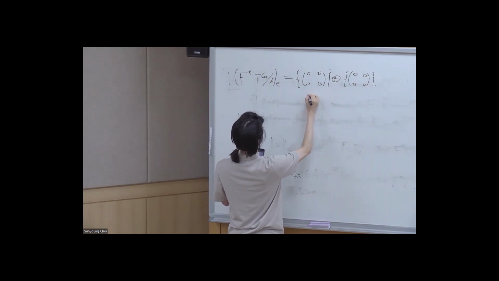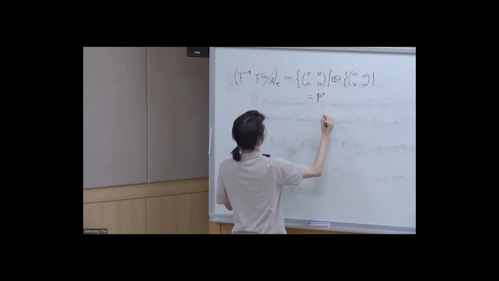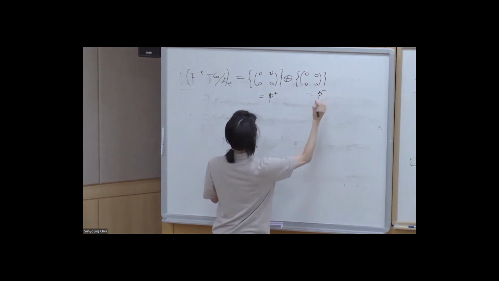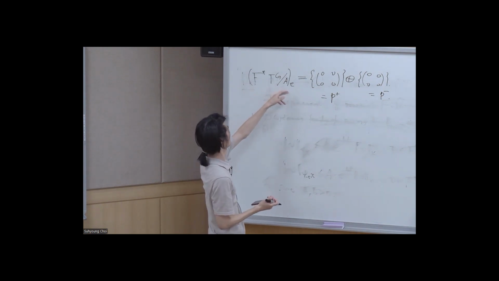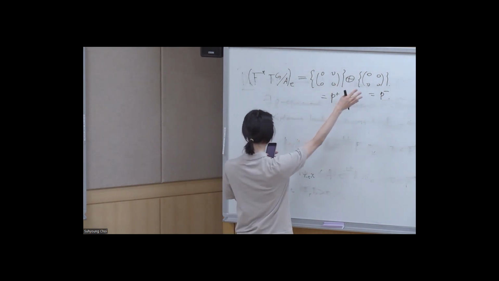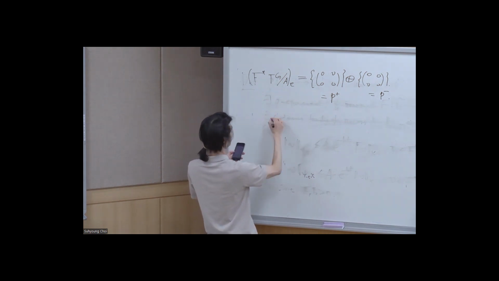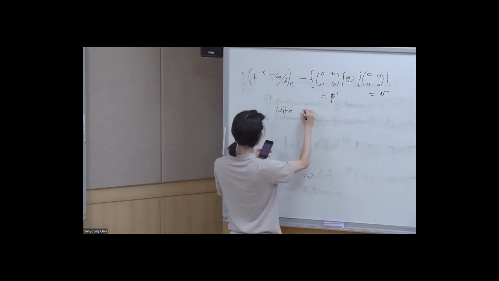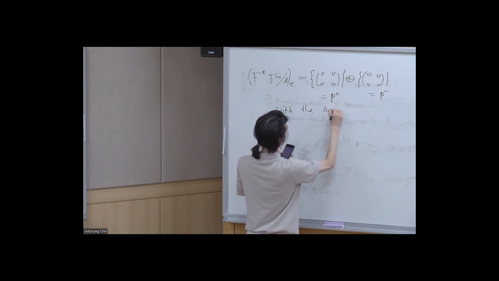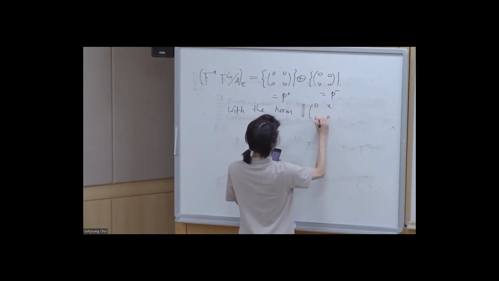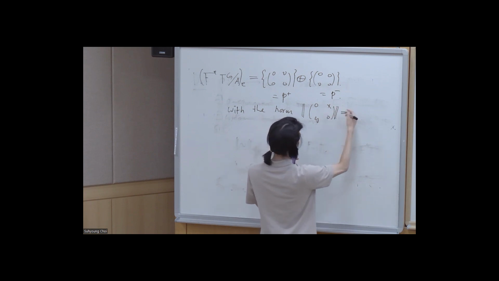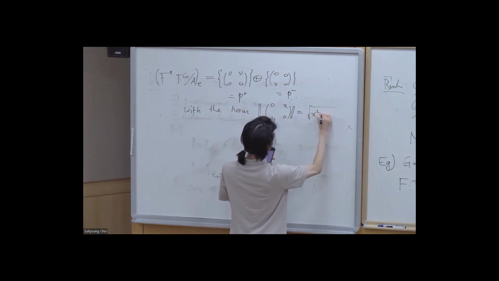Then let's generate P plus and P minus. So this particular tangent space at this single point can be written in this form, and we give it the standard Euclidean norm.